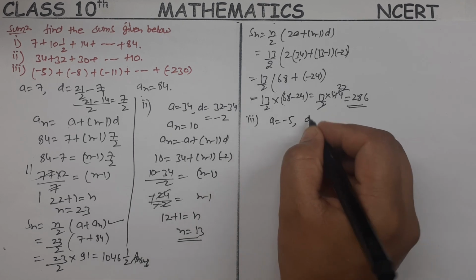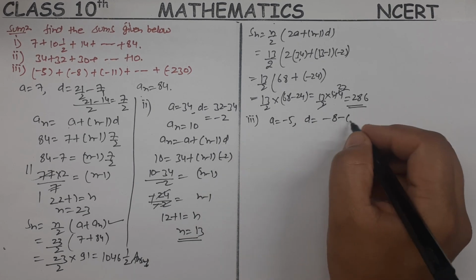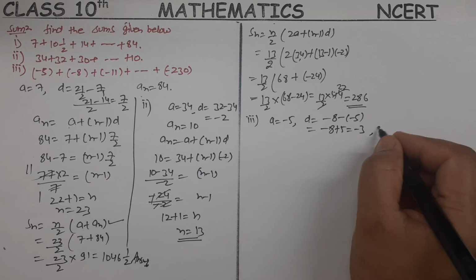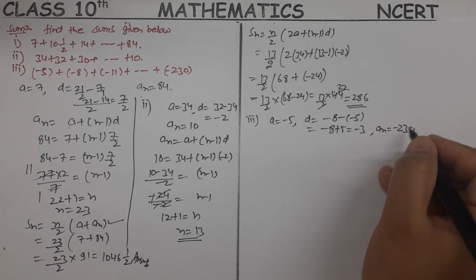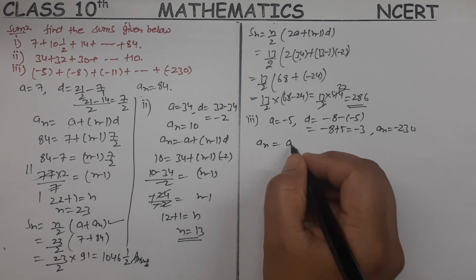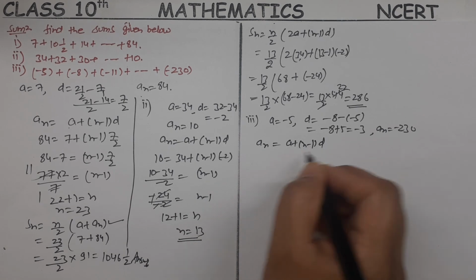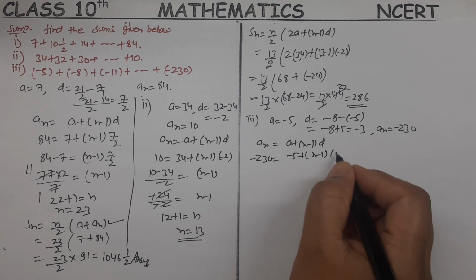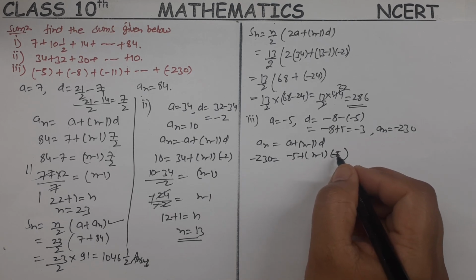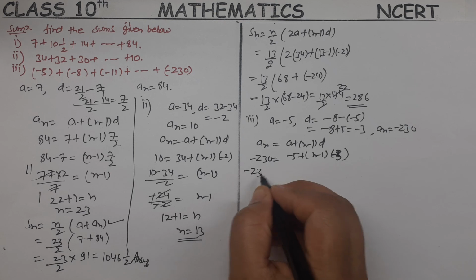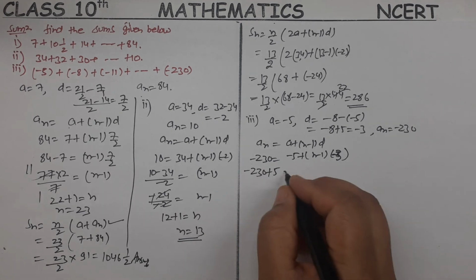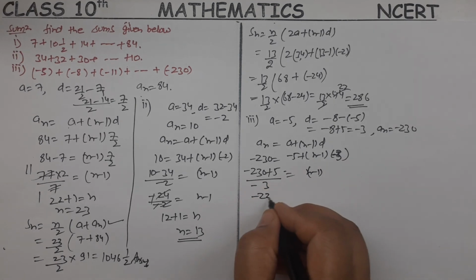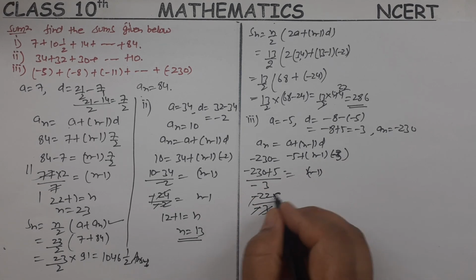Now the next is part third. Here a is minus 5, d is minus 8 minus (minus 5). We have minus 3. An is minus 230. Apply formula. Putting the values and solving, minus 5 comes to the left hand side and minus 3 in division. Minus 225 by minus 3.